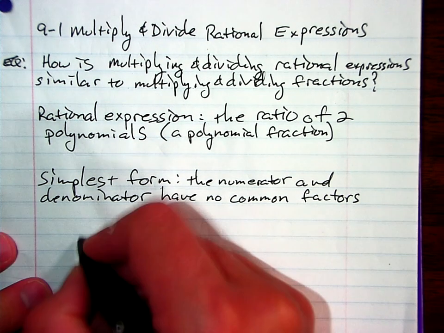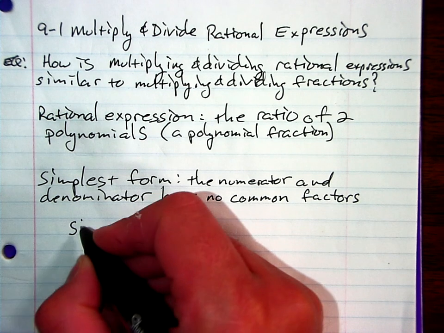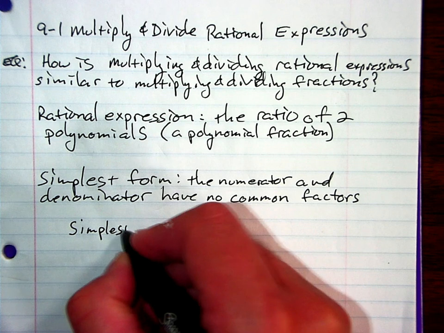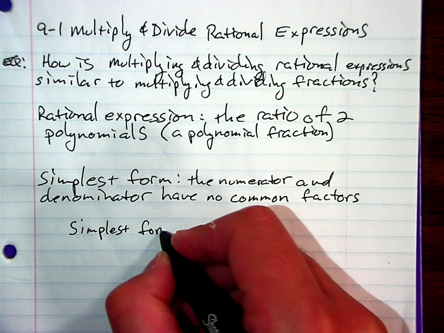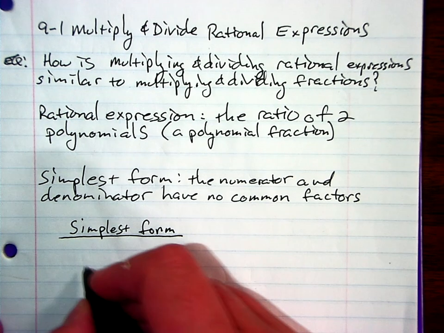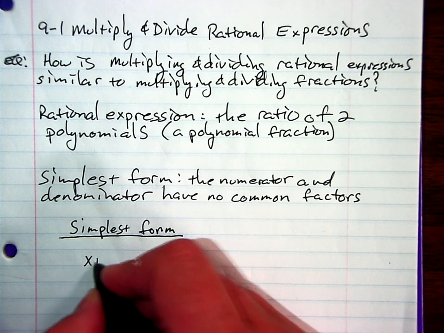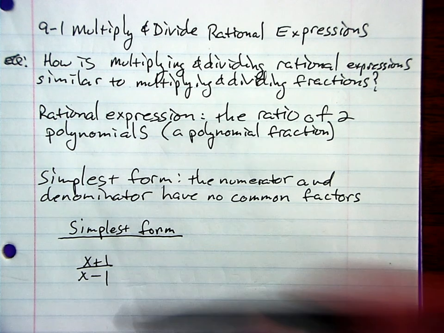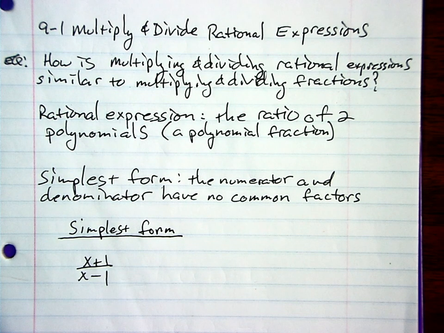Let me give you some examples of simplest form and not simplified. This is an example of an expression in simplest form. Think of it like there's parentheses on it, and it cannot break down the parentheses, so I can't cancel out the x's.